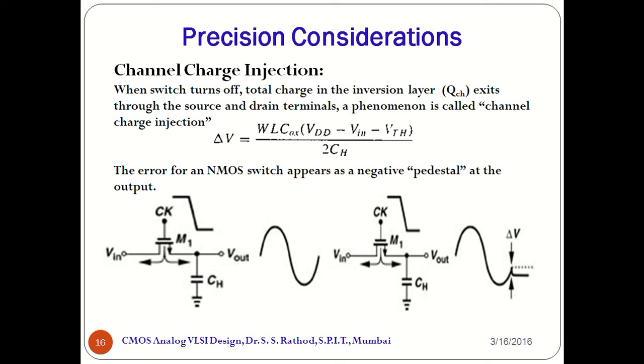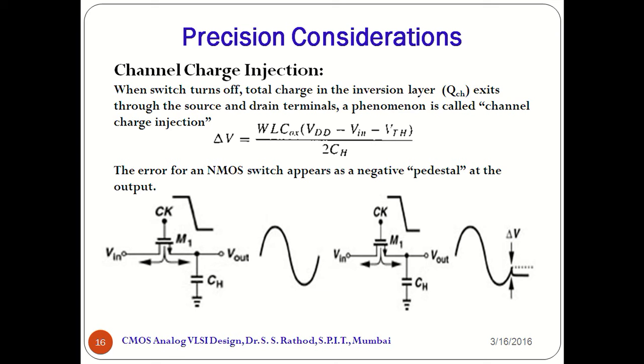Now let us assume that half of the charges go towards the source and half of the charges go towards the drain. So delta V is equal to 1 by 2 QCH by CH, that is W L Cox times VDD minus Vin minus VTH upon CH.